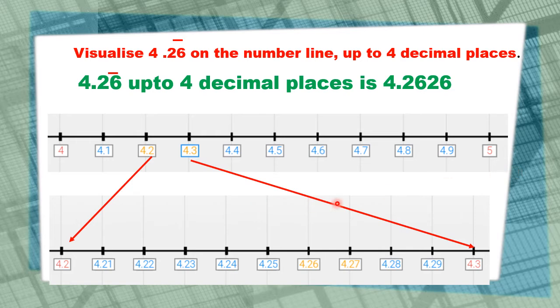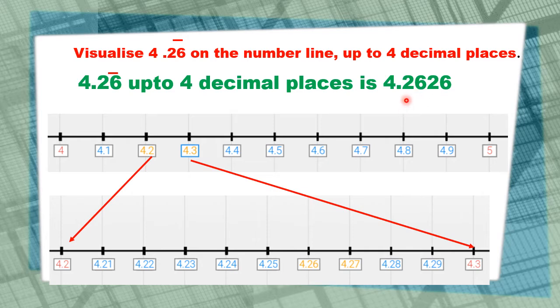Now the question arises, which two numbers will be selected to be expanded further up to 2 decimal places? As you are visualizing, I have selected 4.2 and 4.3. Why? The first decimal place is 4.2 and the second one is 4.26.